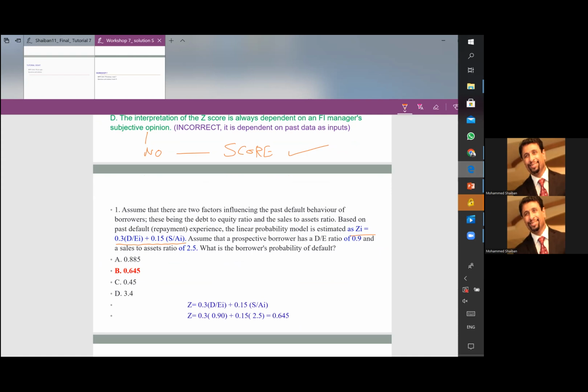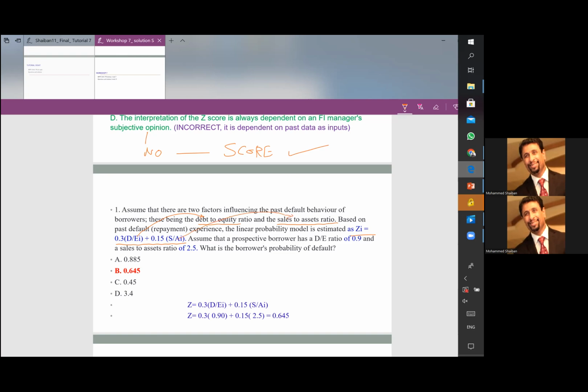And they will tell you what is the D over E, which is sales to asset ratio and debt to equity, and this sales to debt ratio.